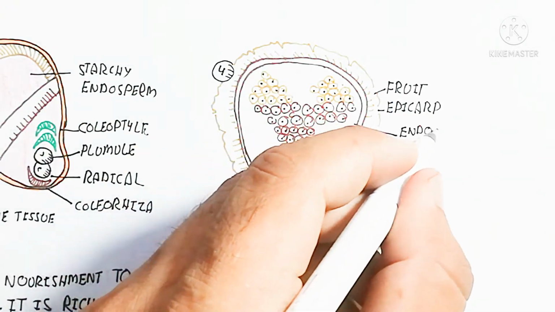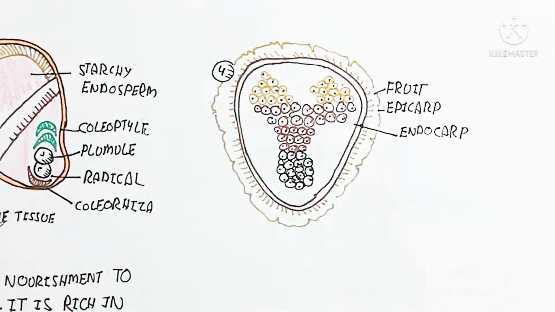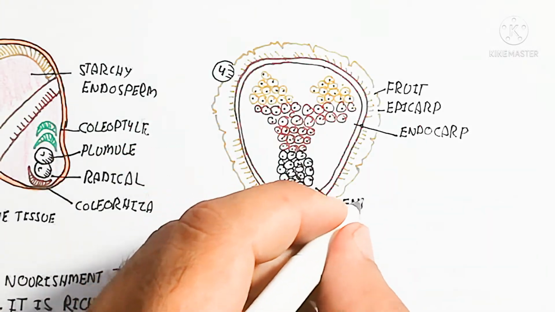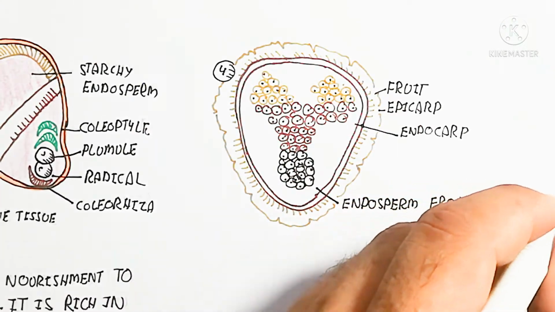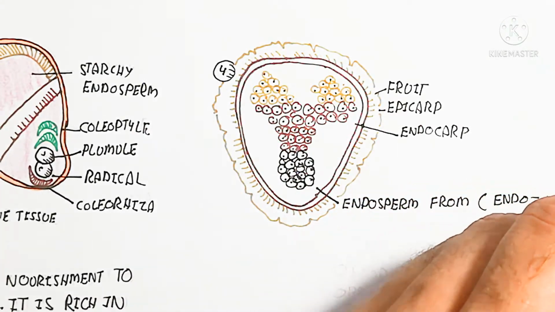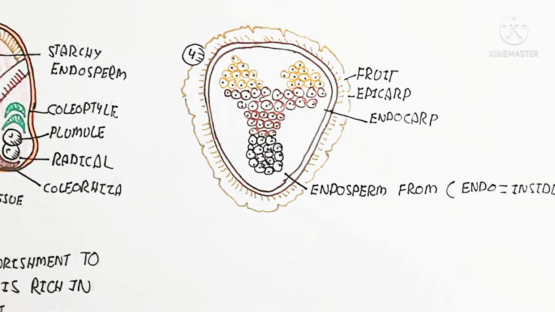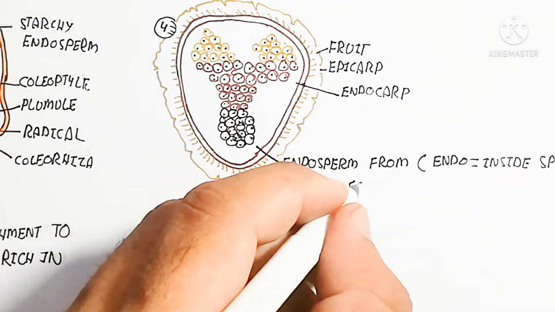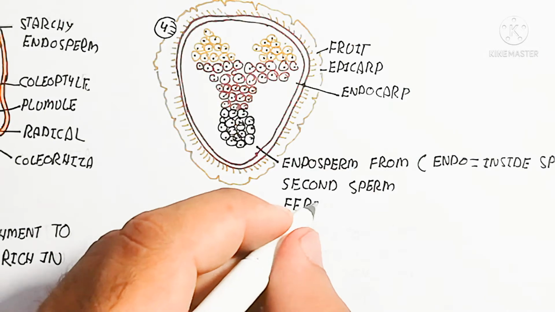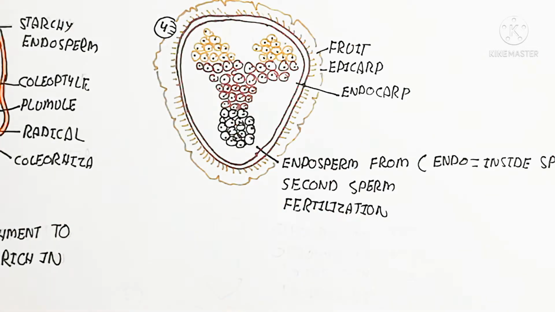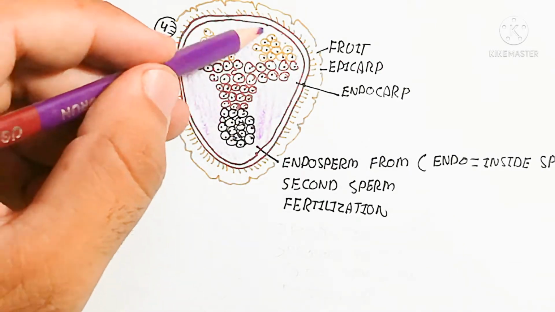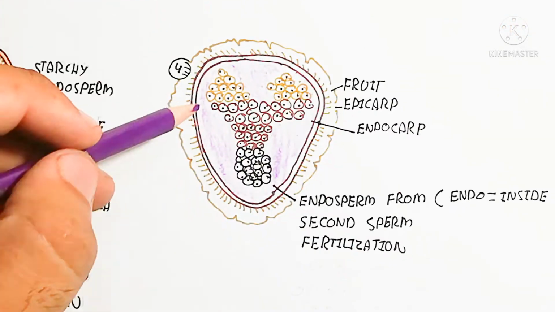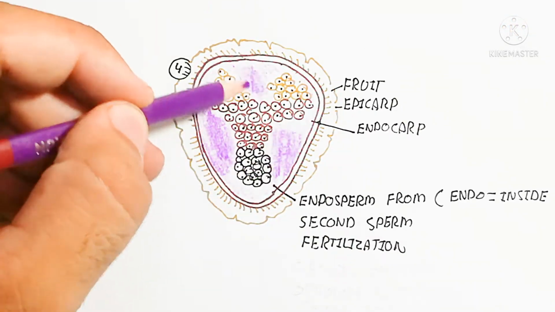So here is a fruit. The fruit wraps around due to the modification and ripening of the ovary, and the epicarp is present. It is the outer layer of the fruit, and the endocarp is the inner layer of the fruit, while inside is the endosperm, looking like that. I am drawing it in purple. Endo means inside and sperm means seed.